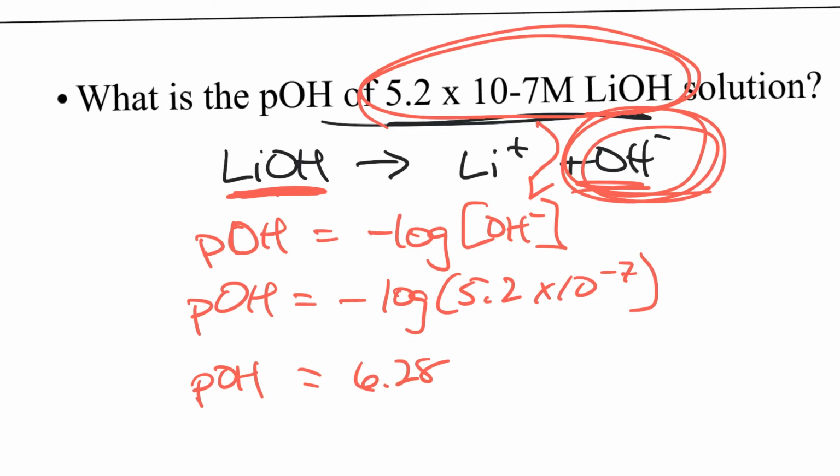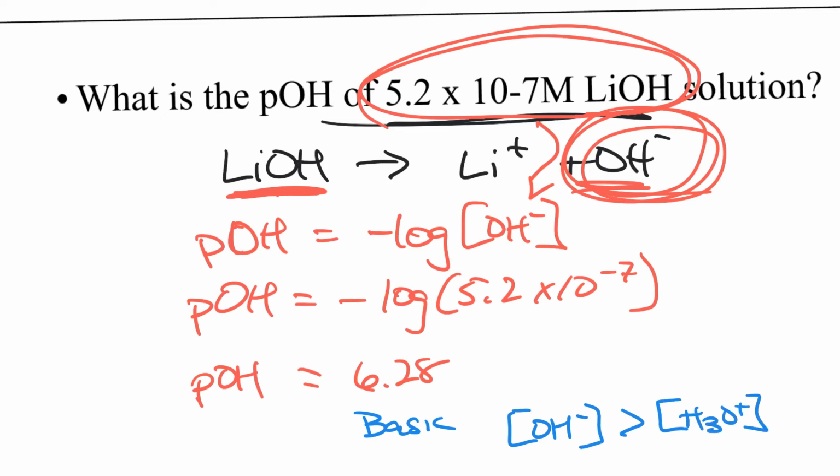So when pOH is less than 7, this is a basic solution. What I mean by a basic solution is that the concentration of hydroxide is greater than the concentration of hydronium, or the concentration of hydrogen.